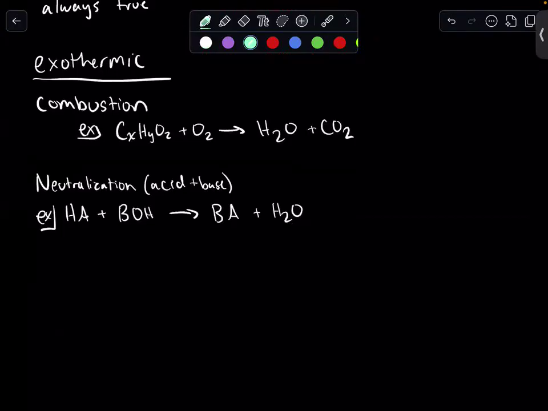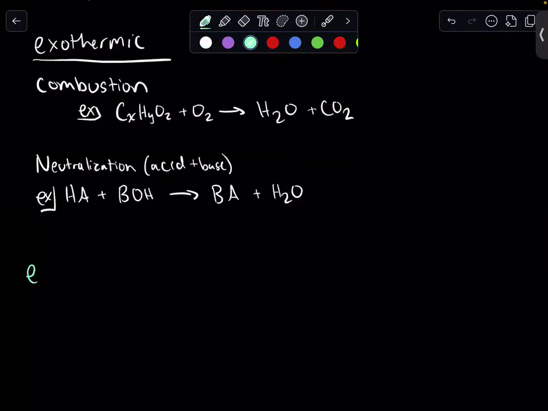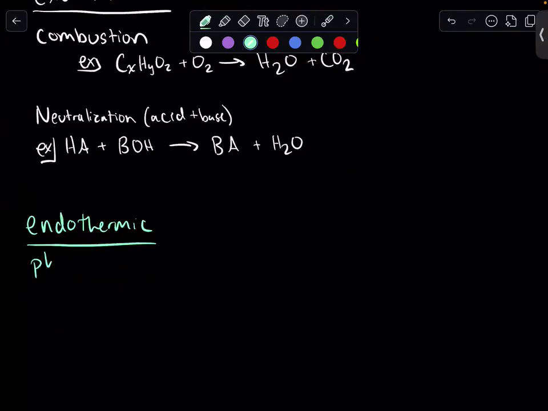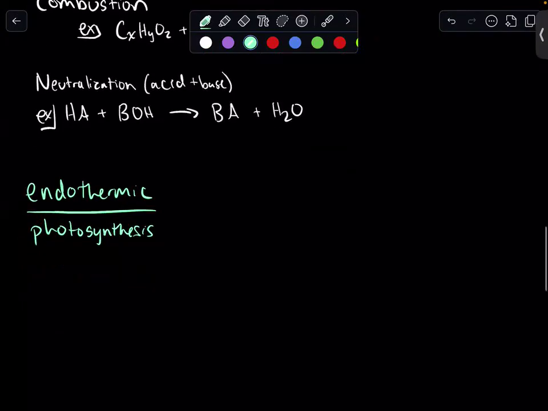All right. Now we also have our endothermic reactions that will always be endothermic. One example is photosynthesis. This is a light-dependent reaction. It takes energy from the sun. This is light waves, so this would be radiation, the way the energy is moving from the sun to the plant. And this reaction you should just have memorized, honestly.